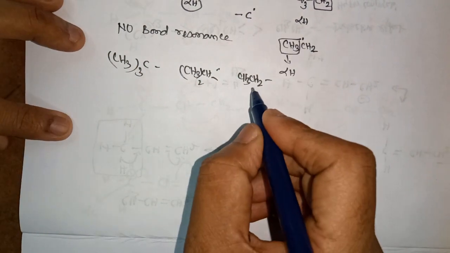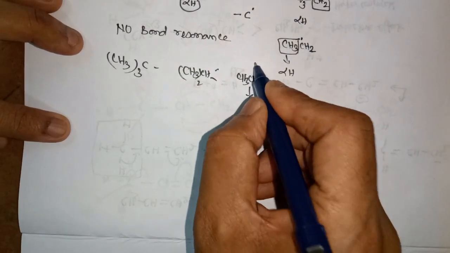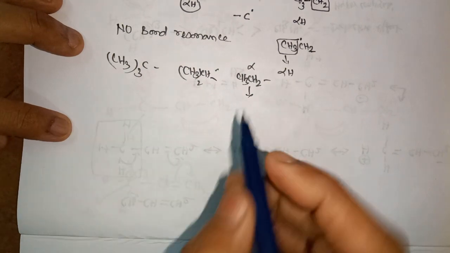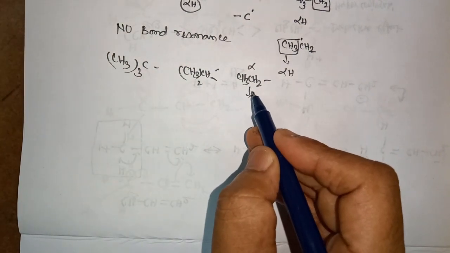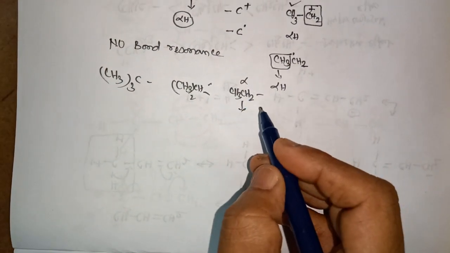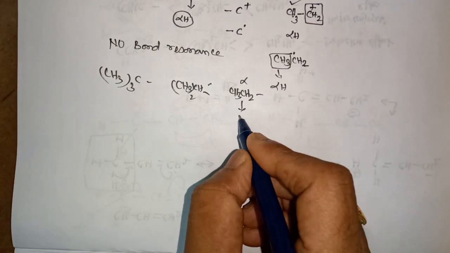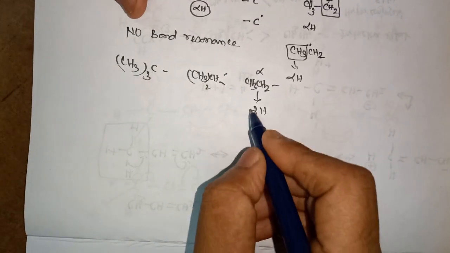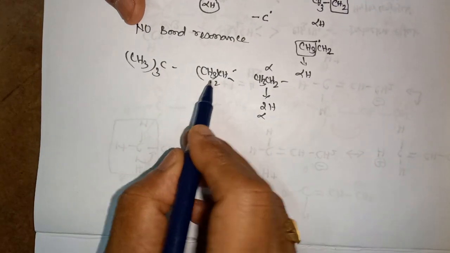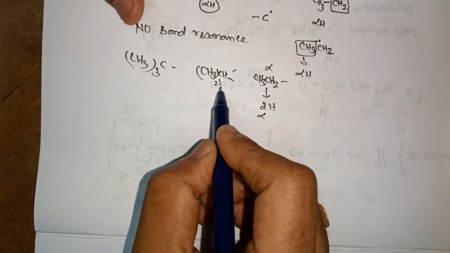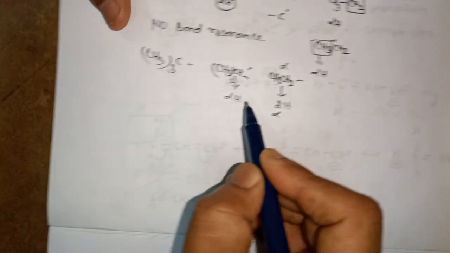Here you see this is the alpha carbon, and it contains 2 hydrogens. In the next group the alpha carbon contains 1 hydrogen.